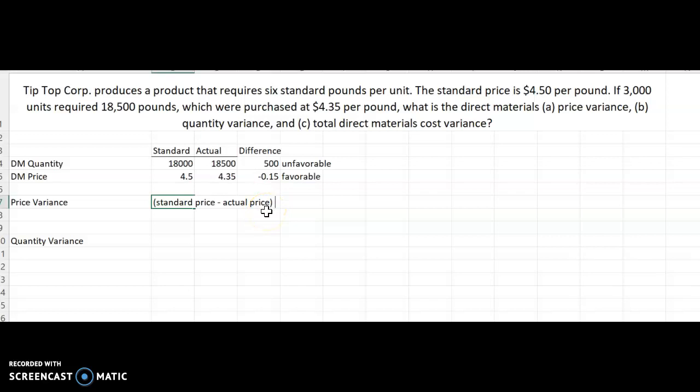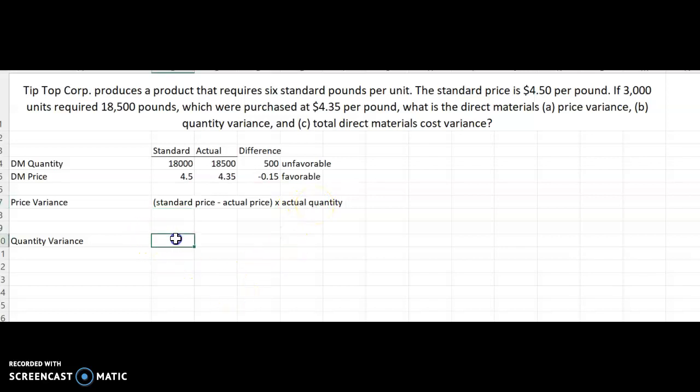So this multiplies the quantity, and for this it is actual quantity. I always remember that it's actual quantity and not standard. It's actual in the first one because actual starts with an A. And I always do my price variance first. So price variance is always multiplied by actual quantity.